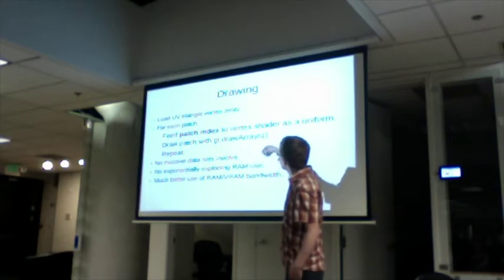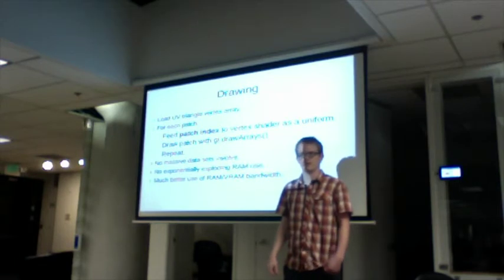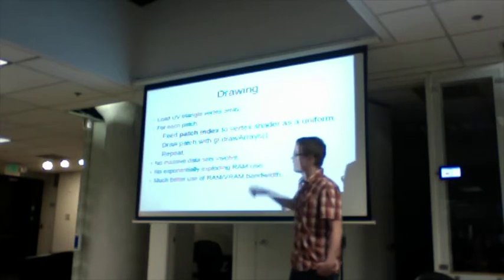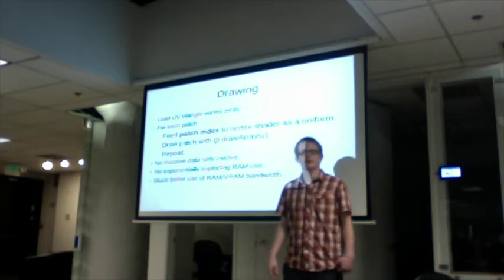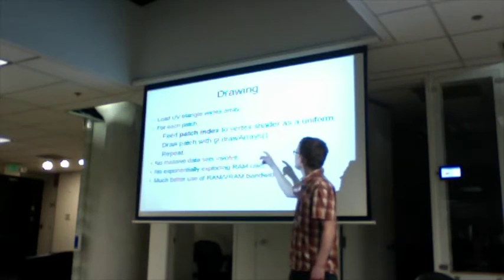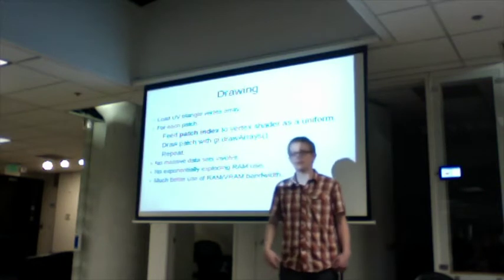So to draw, you load the one pass of the 2D vertex array grid. You load the texture of control points. And you feed the current patch index with a uniform variable.